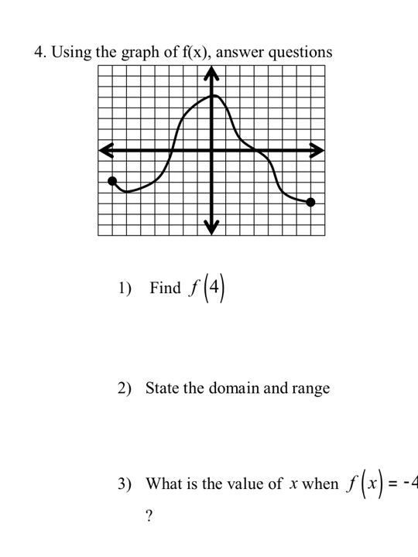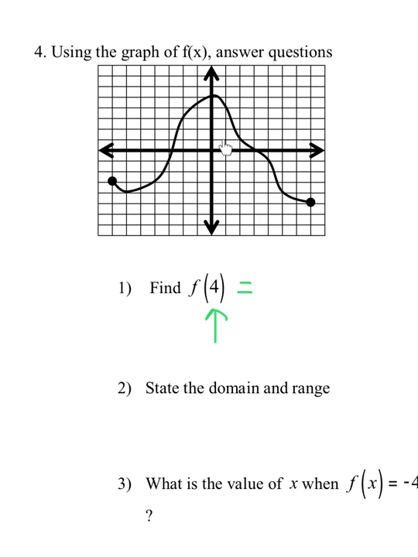All right, so in question 4, we have 3 different things that we're going to do. The first thing is we're going to find f of 4. Basically what this means is that our input for x is 4. What we want to find is what is the output. So we go to the graph and we look over here to where x is 4.